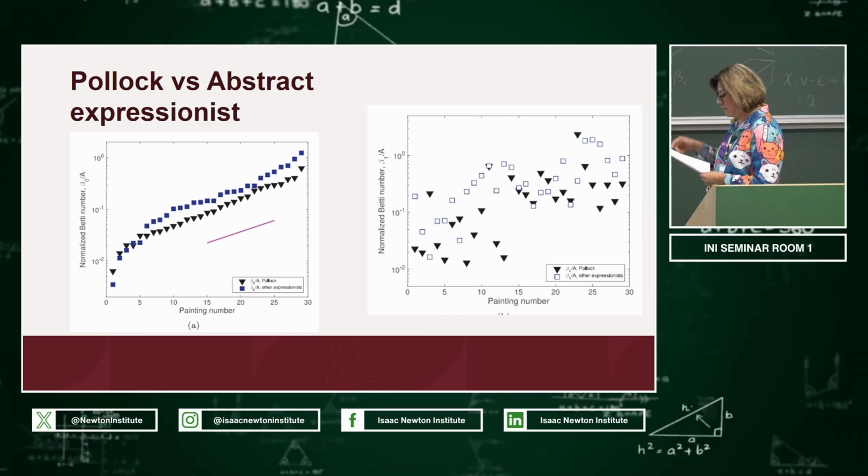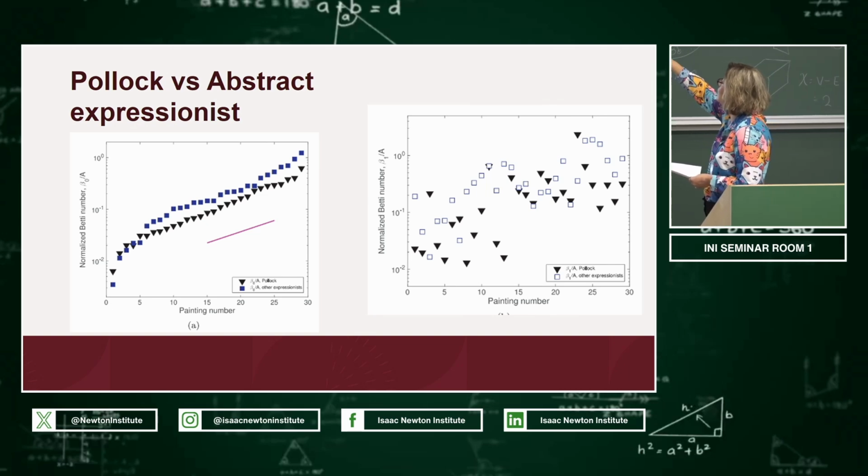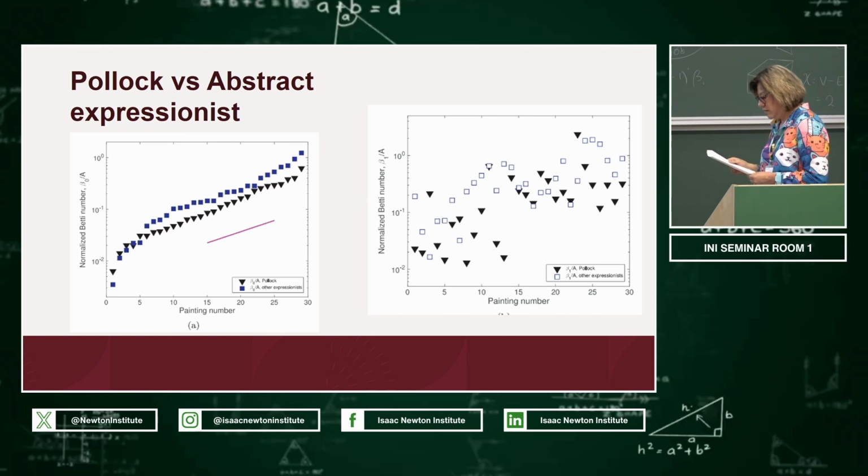And in this graph, we see this cloud of results that seems to always indicate a correlation line. Well, we see the black triangles in comparison with the empty symbols. So these are the same Pollock paintings on the left and right?